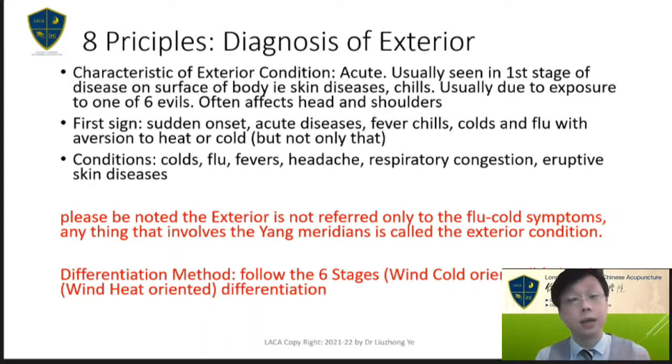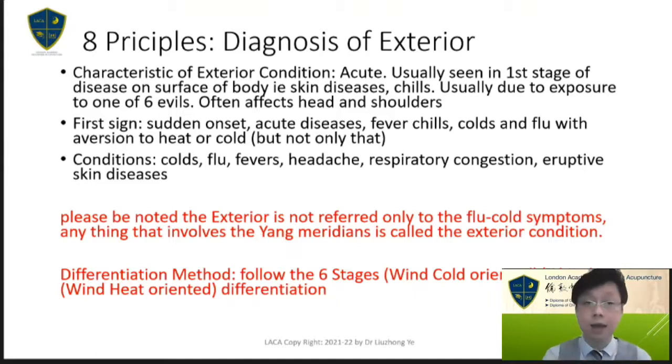But actually, in my ideas, especially when we talk about 3 yang and 3 yin, anything involving the 3 yang channels is included in the exterior in my system, and that is much easier than just understanding exterior as only the cold symptom. It's not.